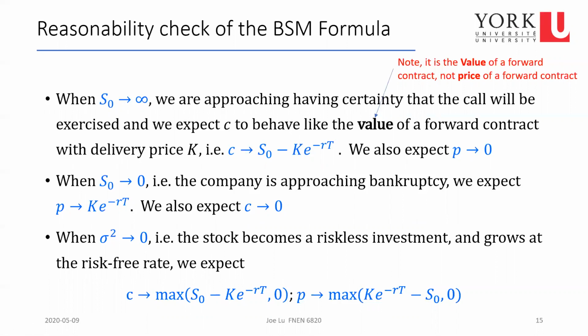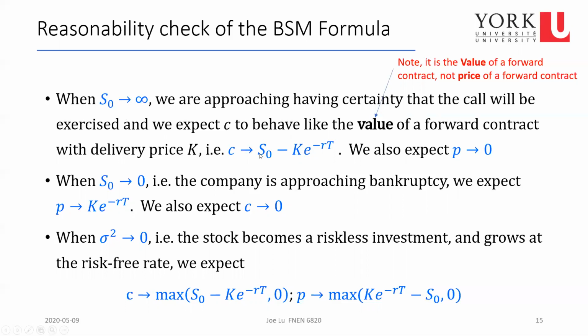So the behavior of the call is very much just like the behavior of a forward contract with a delivery price K. So what you have is S0 minus the present value of the delivery price will be the current call value, because that's what the price of a forward contract at present time will be. If the price approaches infinity, that call essentially would just be like a forward contract.